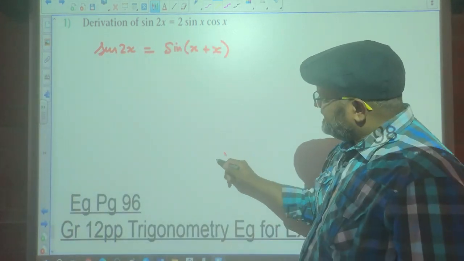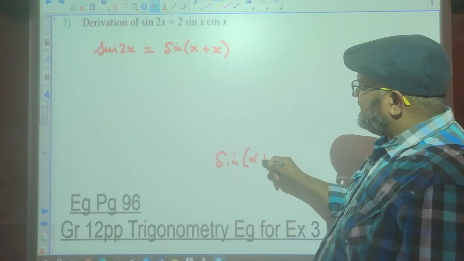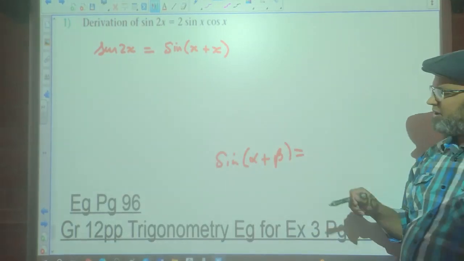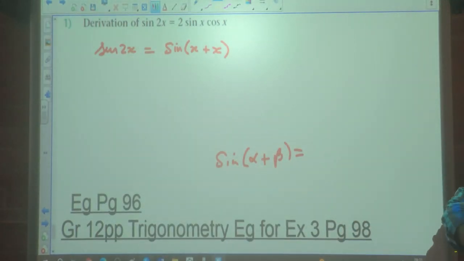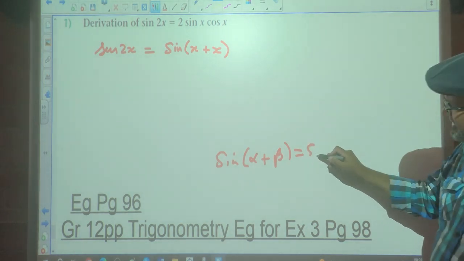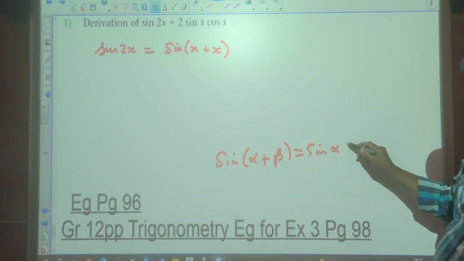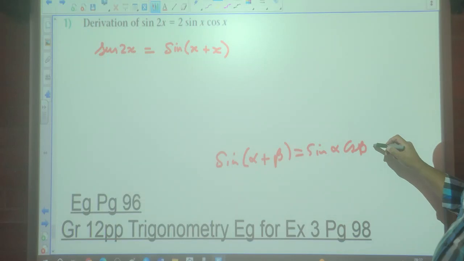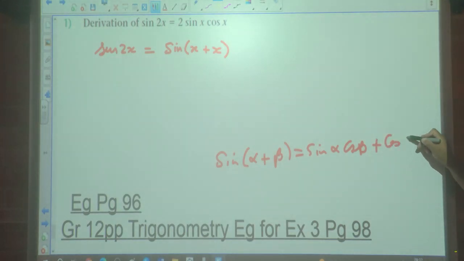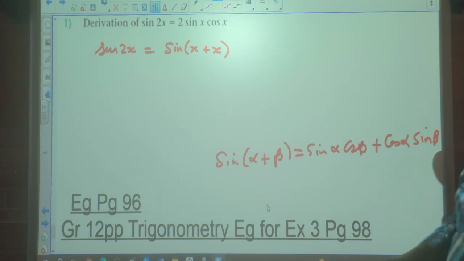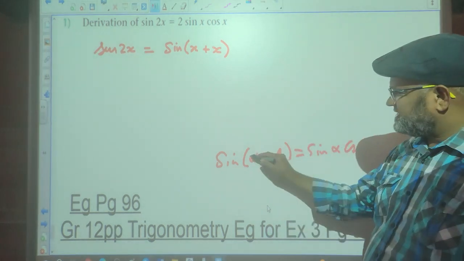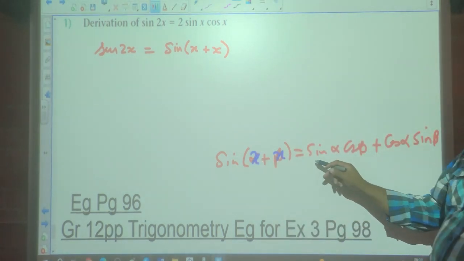Now, if you see sine alpha plus beta, what is the sine expansion of this compound angle? Sine alpha cos beta plus cos alpha sine beta. What if I put an x there and an x here? Then what is it going to read?